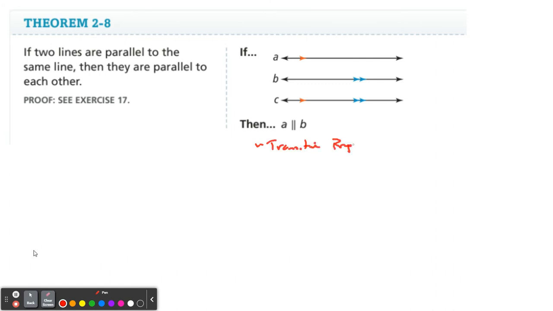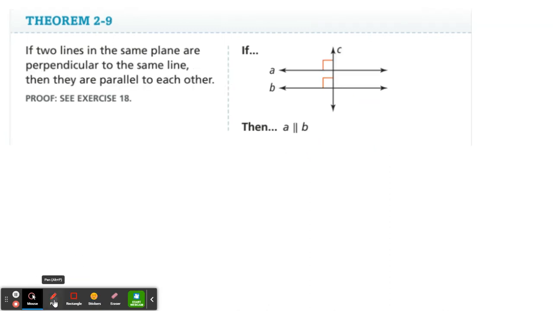Keep this in mind that you can go beyond just two lines being parallel. You can have many lines parallel, and they'll all be parallel together. Next one. Again, just some ideas out there.